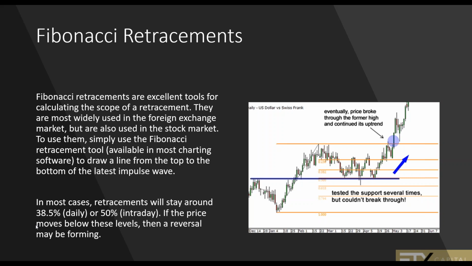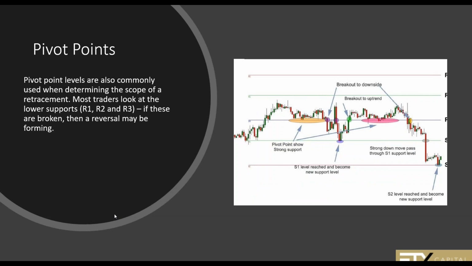In most cases, prices will retrace around the 38.2 level, the 50% level, or the 61.8 level. If the price moves below these levels, then a reversal may be forming.